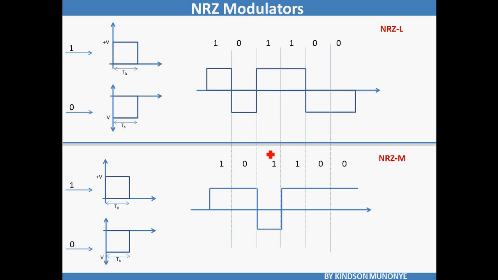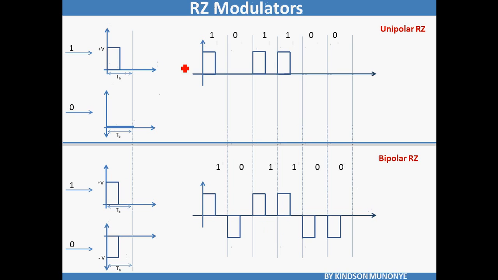We want to move to the next one, the RZ modulator. As I explained in my previous video, the RZ modulator makes sure that the waveform generated stays at 0 volts for half of the time duration. So now, for unipolar RZ, what happens?